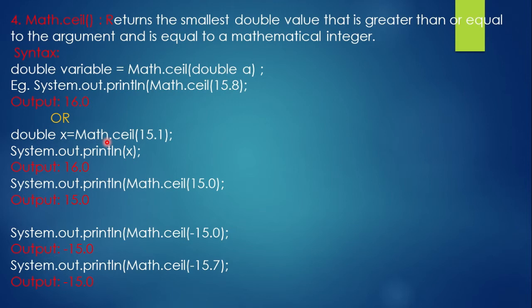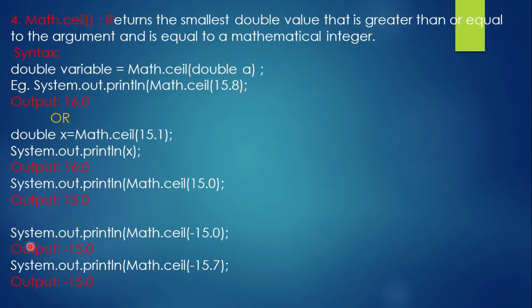Is it clear for you? Let us see the example 15.1. What will your answer be? Its greater number, 16.0. Now math.ceil(15.0) you are giving. Then see, greater than or equal to, so you will get 15.0.